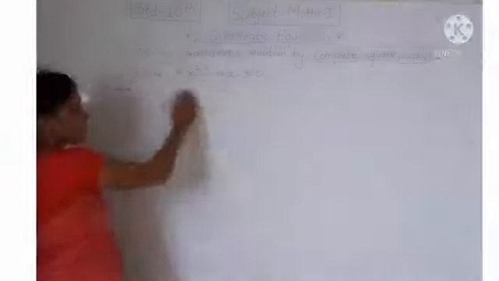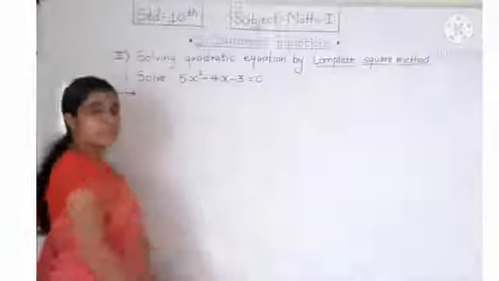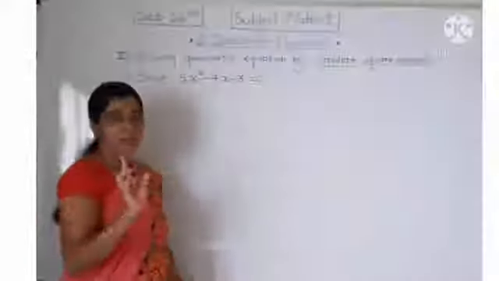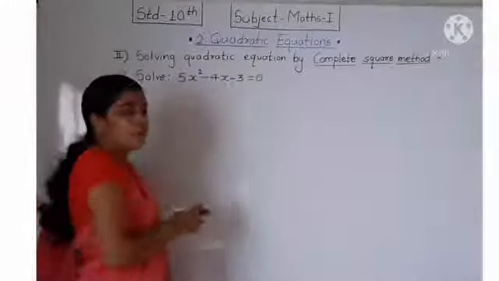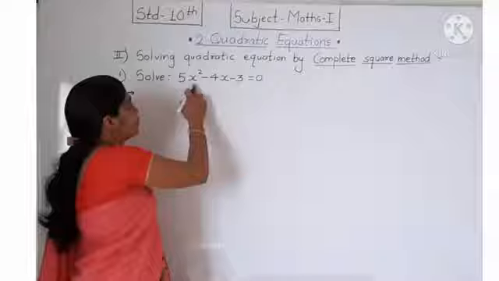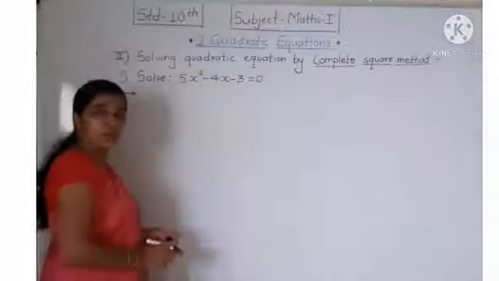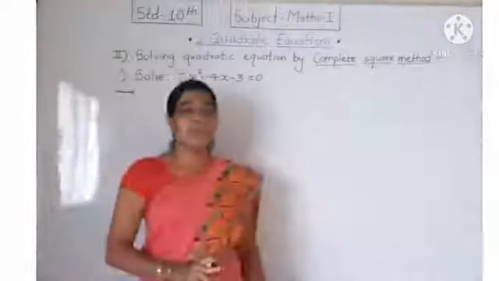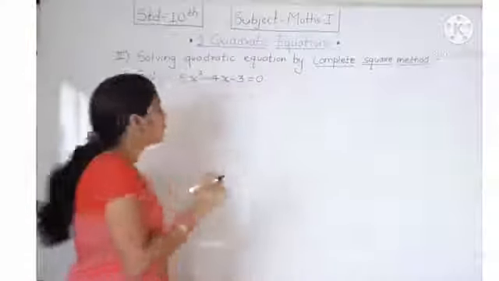For this, you must remember that the coefficient of x square is always 1. Okay? Here observe, is the coefficient of x square 1 or not? No, it is 5. So the first step in the complete square method is to make the coefficient of x square 1.